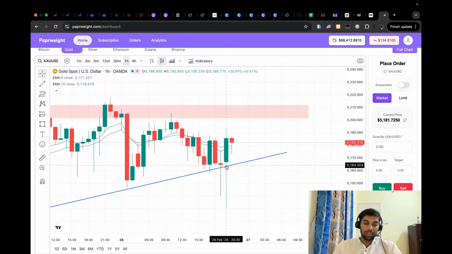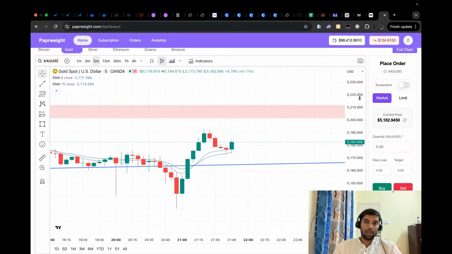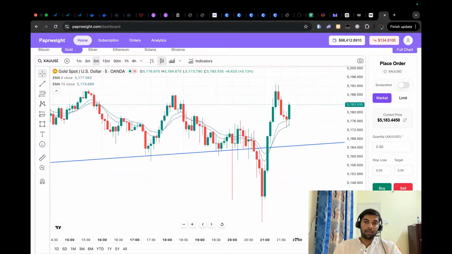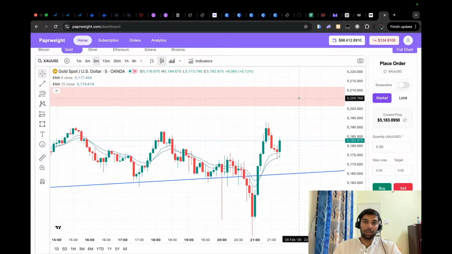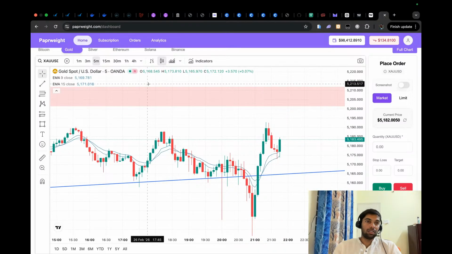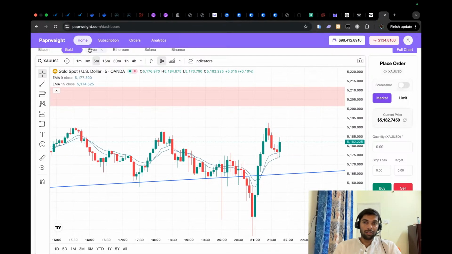So buyers came in and pushed the trade in the up direction. There is an opportunity that the market can make a move in the up direction up till here. So there are 20 points left in gold.